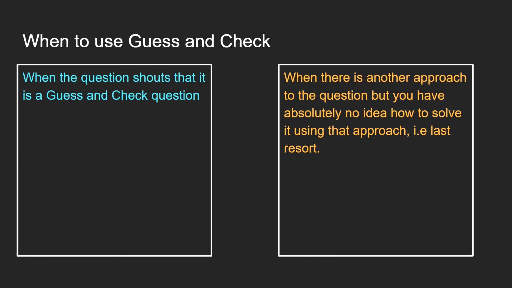Another interesting thing about guess and check is that sometimes I also use it when there's an advanced application of another concept like decimals, percentages, or algebra, and I suddenly cannot remember how to do it. So I can use guess and check to guess my answer, and check if the information allows me to get my answer.